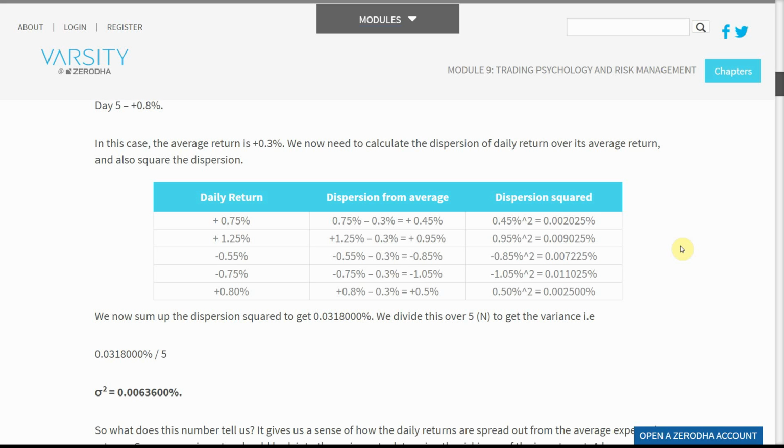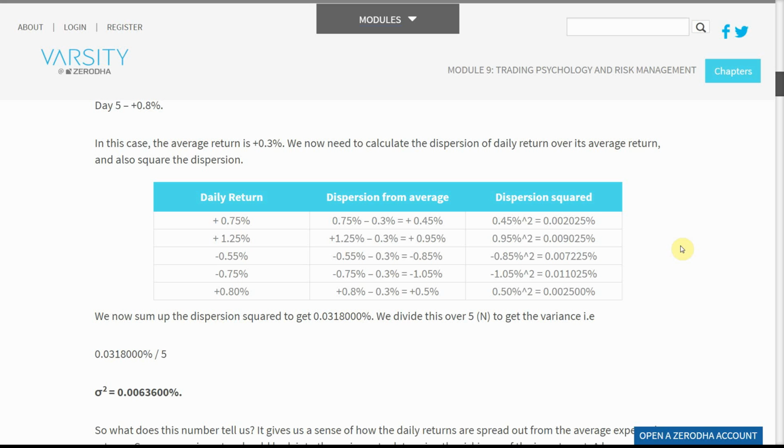Plus 1.25%: 1.25% minus 0.3% equals plus 0.95%, 0.95% squared equals 0.009025%. Minus 0.55%: minus 0.55% minus 0.3% equals minus 0.85%, 0.85% squared equals 0.007225%.